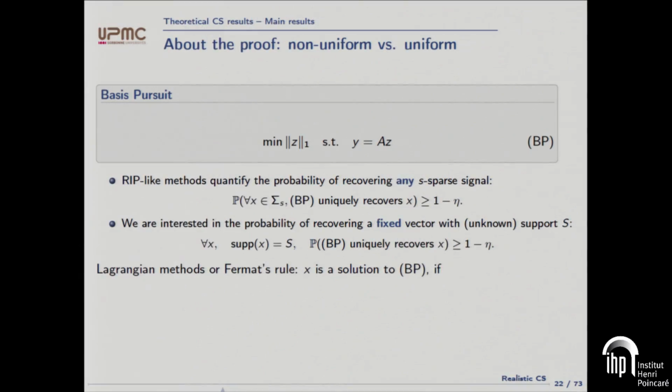X will be a solution to your basis pursuit problem if there exists some H such that 0 is in the subdifferential, the normal cone of your constraint set, and you can write it with A star H. This just generalizes the fact that if you're differentiable, you ask the gradient to be 0, and when you are not, you just ask 0 to be in the subdifferential.